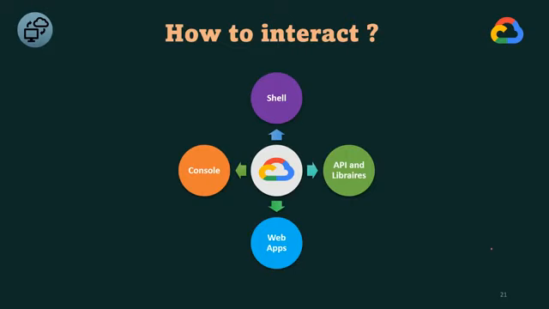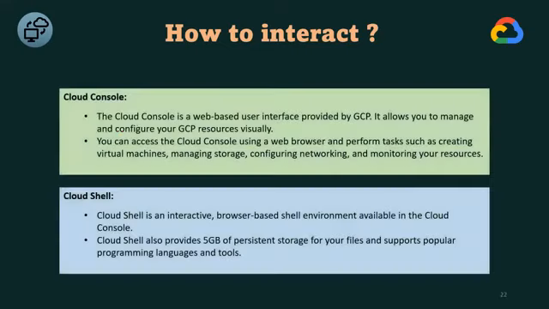You will be able to easily select one of these options and interact with any of these things. For example, when I say console, the Cloud Console is a web-based user interface provided by the Google Cloud Platform. It allows you to create and configure GCP resources visually.